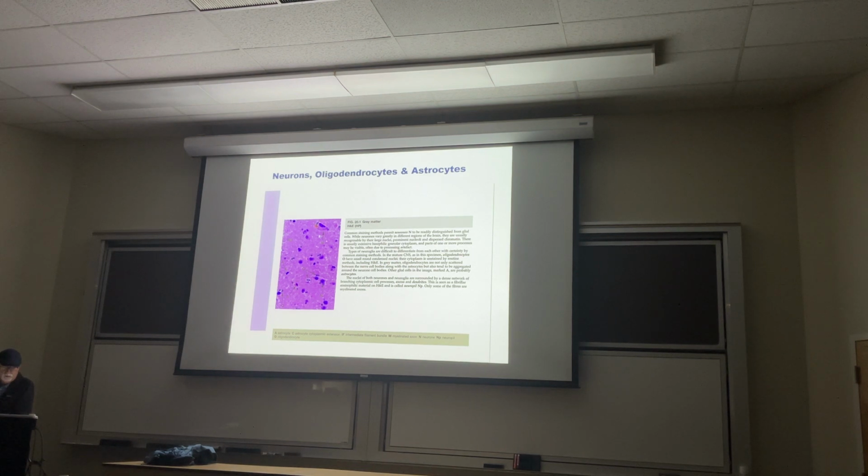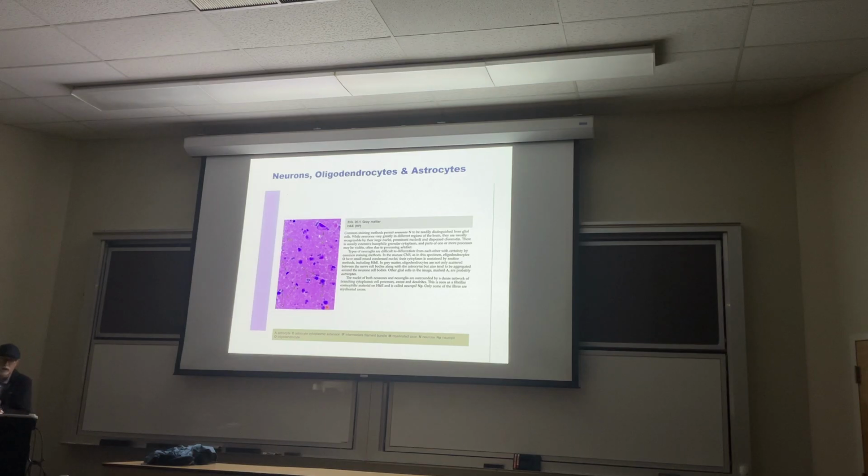And the neurons, of course, are considerably larger. So these are the neurons, and then these are the oligodendrocytes that we see, and these are the astrocytes.